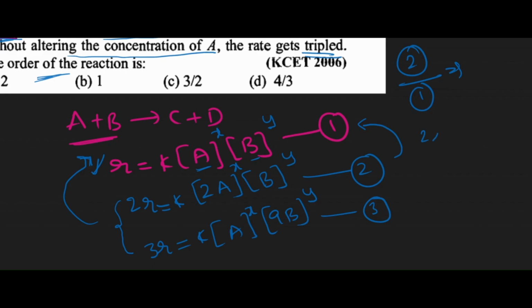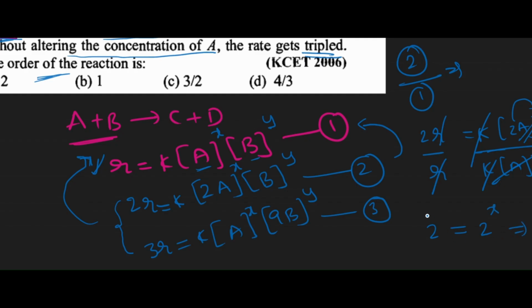Equation 2 will be 2R equal to K into (2A) power X into B power Y, divided by equation 1, that is R equal to K into A power X into B power Y. Here B power Y gets cancelled, R gets cancelled, K gets cancelled, A power X also gets cancelled, and the remaining is 2 power X. Therefore 2 is equal to 2 power X.